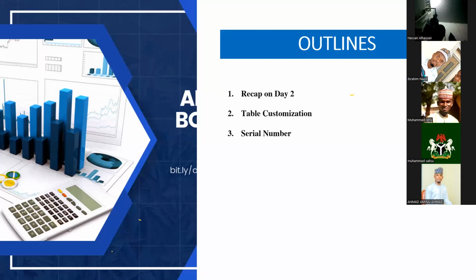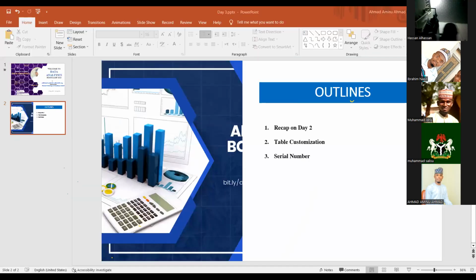So this is in short what we did yesterday, and I think we need to move forward today and start what we are going to discuss, which is table customization. I'm very sorry, I'm going to close this so that we move to our Microsoft Excel. For today, I think yesterday we stopped here, so I'm going to come back to a new sheet so that everyone will be on the same page and can see what I'm going to do.